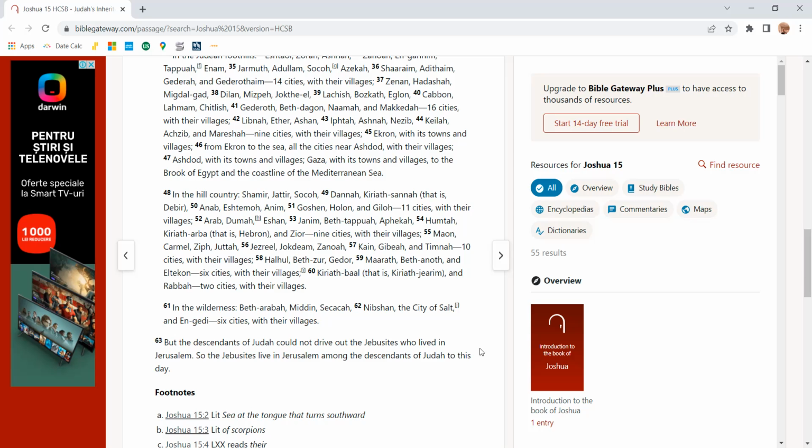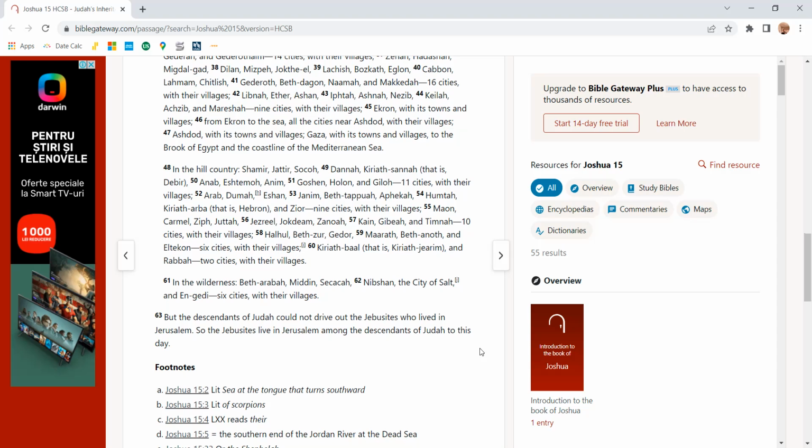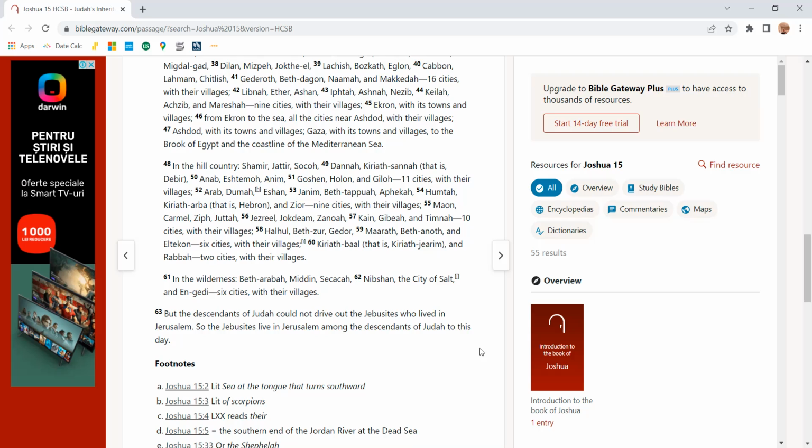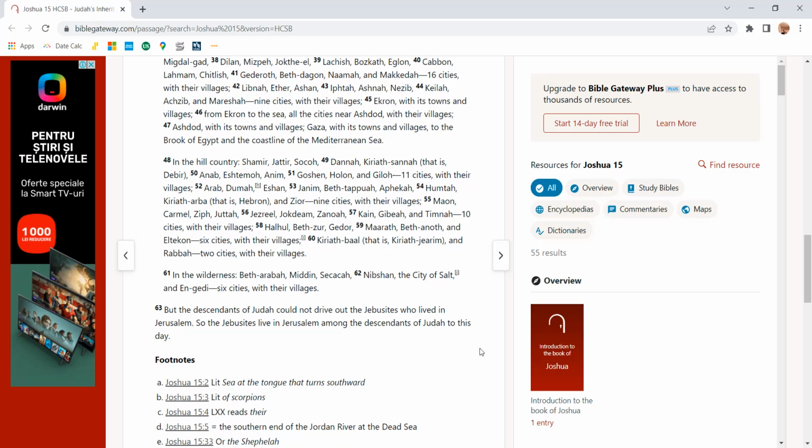Zenan, Hadashah, Migdal Gad, Dilean, Mizpeh, Joktheel, Lachish, Bozkath, Eglon, Cabbon, Lahmam, Chitlish, Gederoth, Beth Dagon, Naamah, Makkedah: sixteen cities with their villages.